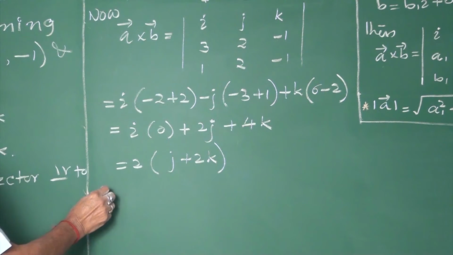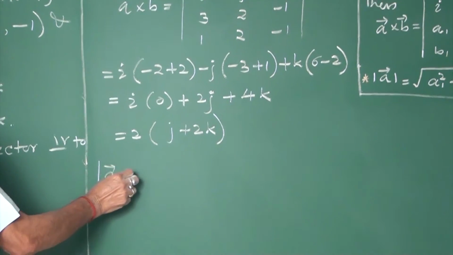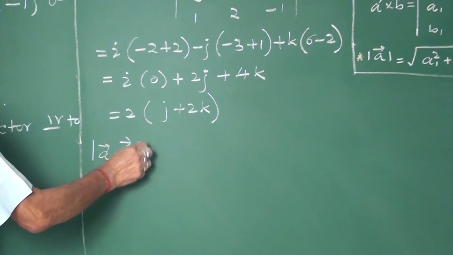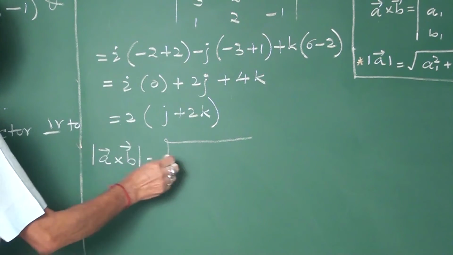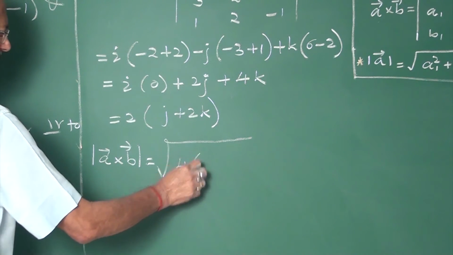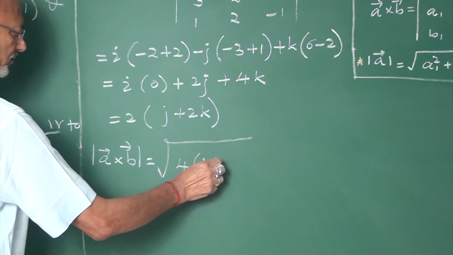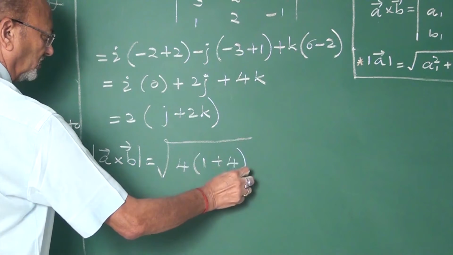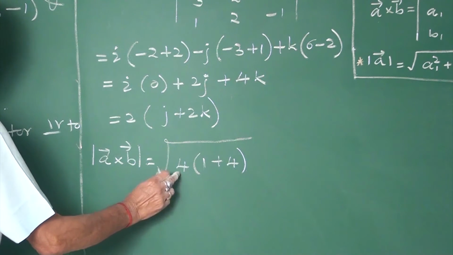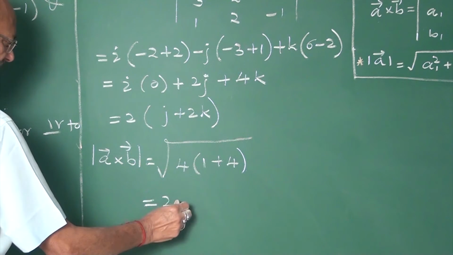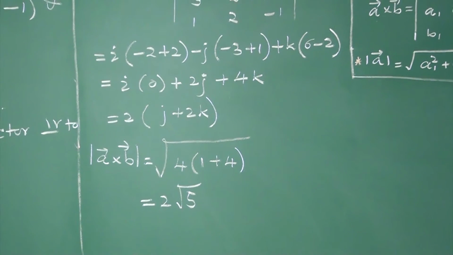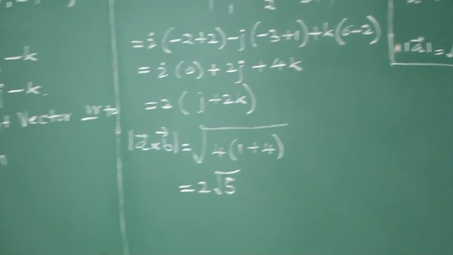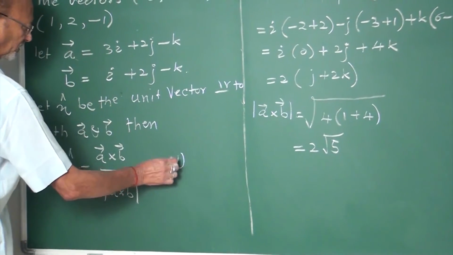Then magnitude of A cross B is the square root of 2 squared into 1 square plus 2 square, which is 2 root 5. Substituting these values in 1.